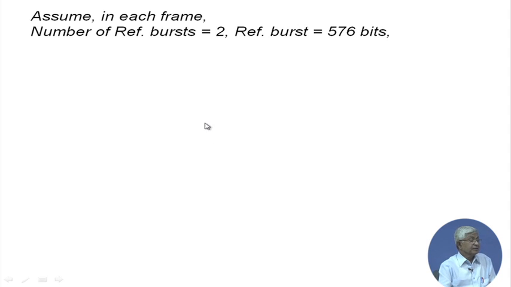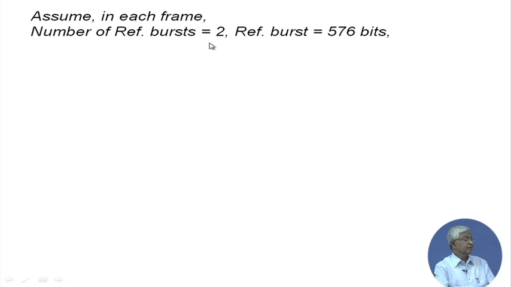Let us take some quick examples so that we understand the meaning of each of them. Assume in each frame there are 2 reference bursts. 2 reference bursts are put because in case of one reference burst failure, there is network synchronization failure, and people cannot communicate because they don't know where the frame start is. So normally there are 2 reference stations who transmit at 2 different locations.